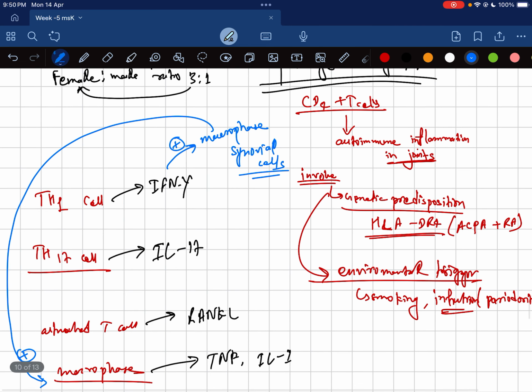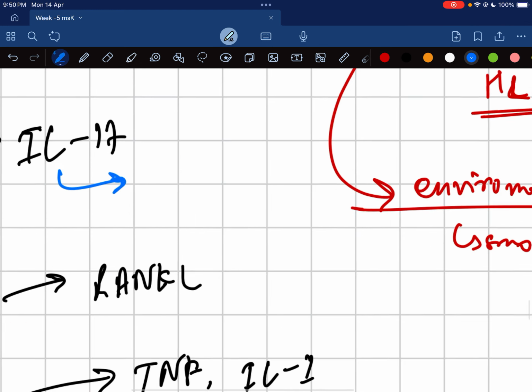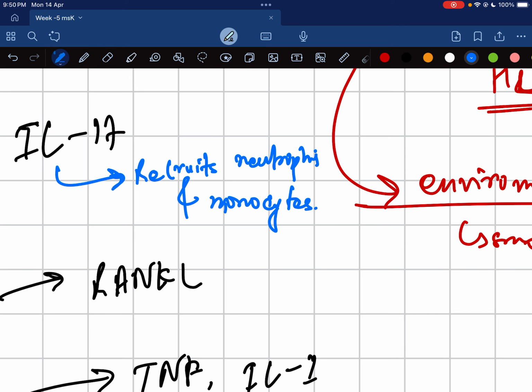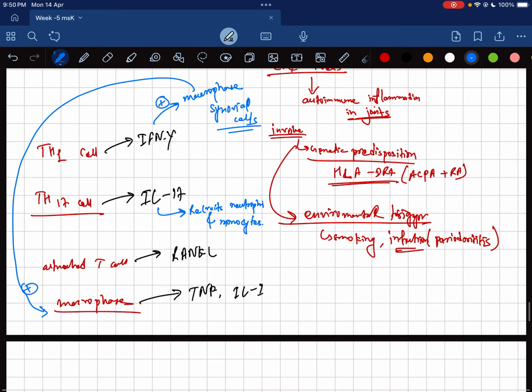Interleukin 17 recruits neutrophils and monocytes to the location of inflammation.